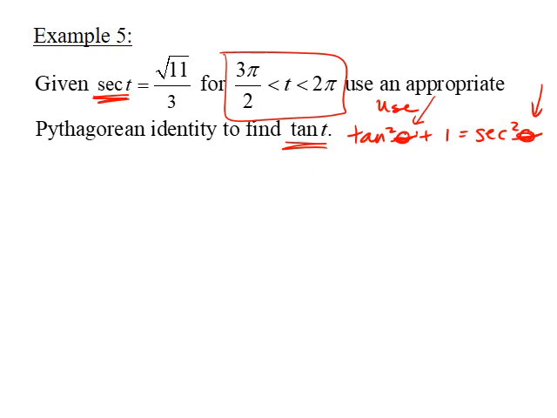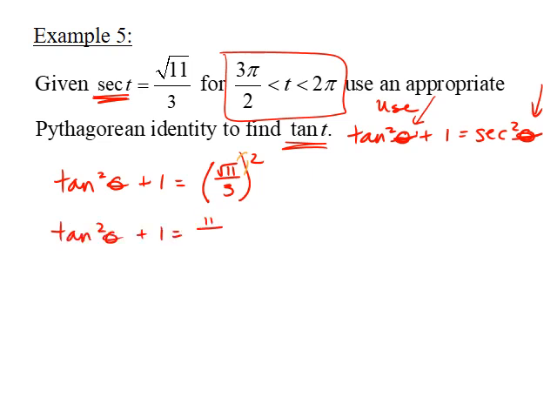So tangent squared of theta plus 1 is equal to, well, secant is the square root of 11 over 3. So I'm going to replace secant with root 11 over 3. When I square each of these, since this is division, I can square the top and the bottom. So I have tangent squared plus 1 is equal to 11 over 9.